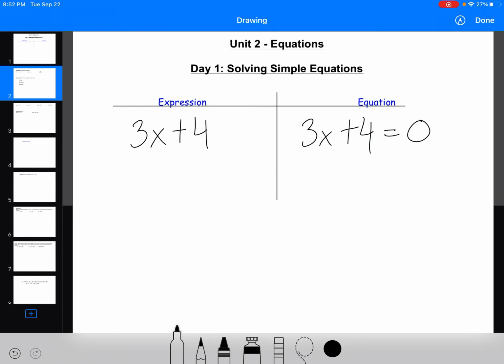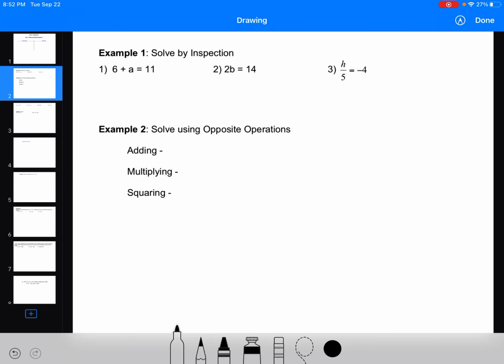Okay, so when we're going through these types of questions, first we typically would solve by inspection. These are the types of things where it says like 6 plus a equals 11. And then you kind of think in your head, okay, well 6 plus what? All right, it's going to be 6 plus 5 equals 11. So a has to equal 5. Then the second question says 2 times something equals 14.